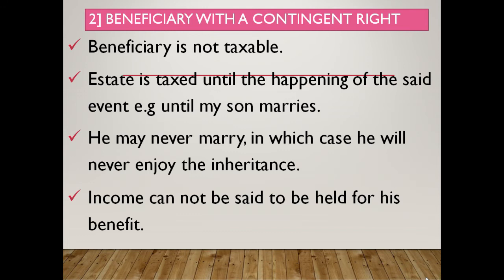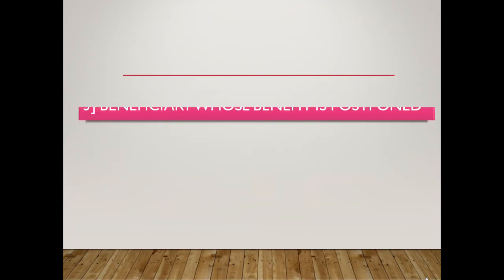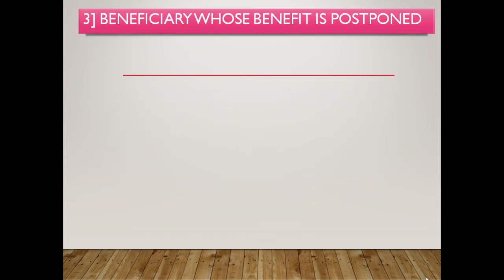So we have a contingent right. That's why we say we cannot tax the son, because the income that is accruing cannot be said to be held for his benefit. But where the beneficiary's right is postponed, it is certain that the time will come, but it is postponed for now.